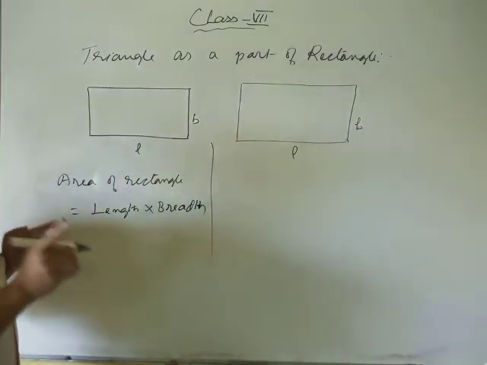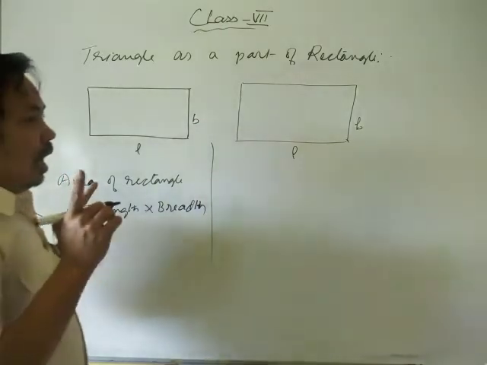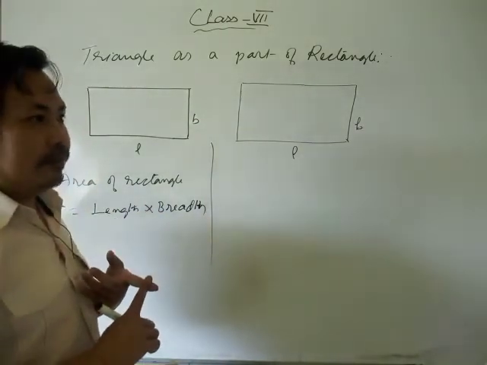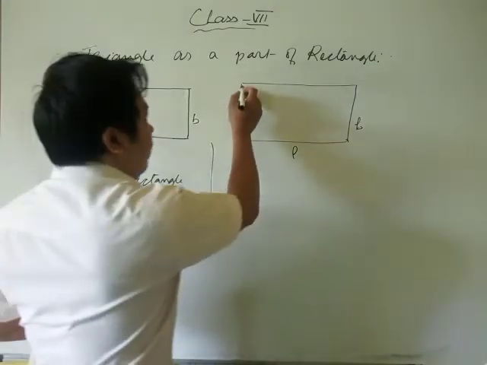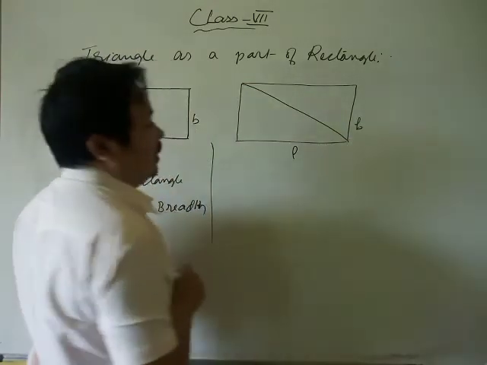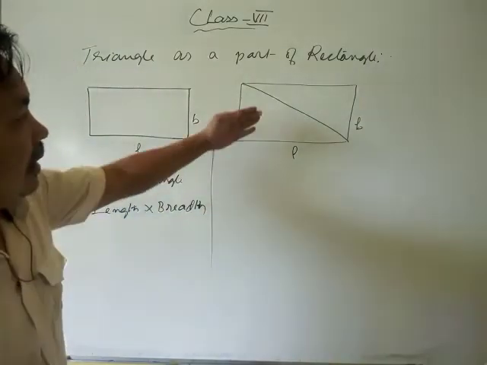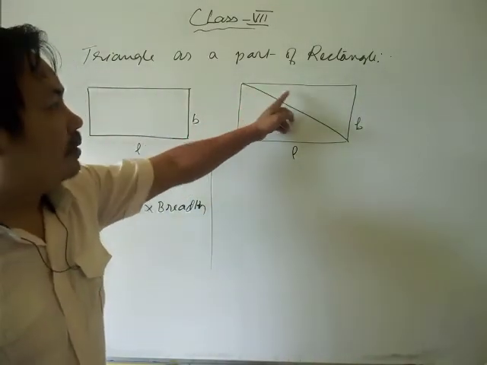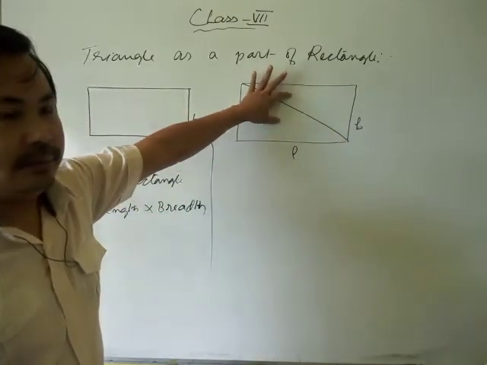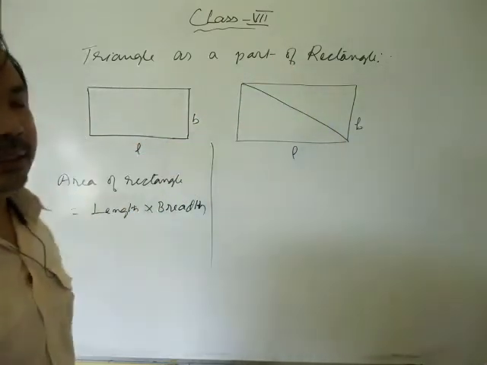Now here we come to the point of how we can see that the triangle is a part of rectangle. I will draw one line here joining these two vertices, and you can see that two triangles are there, isn't it?